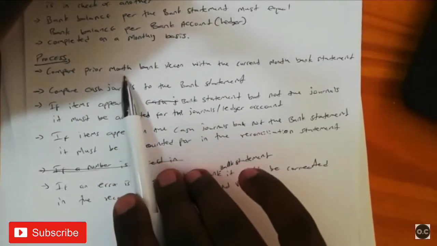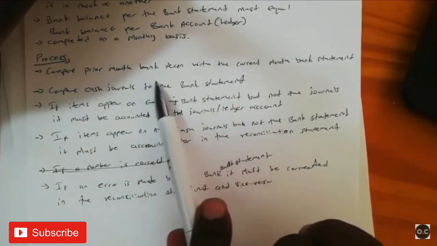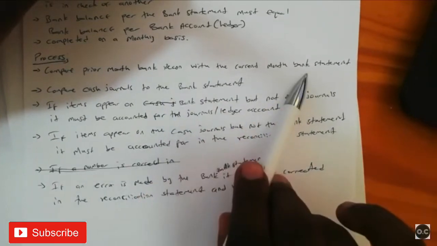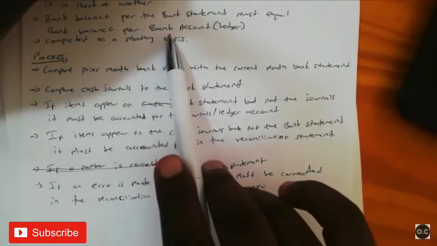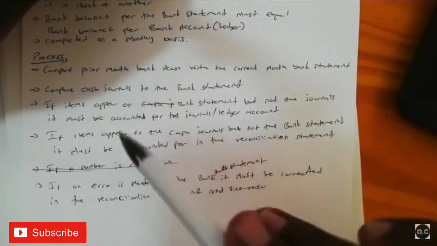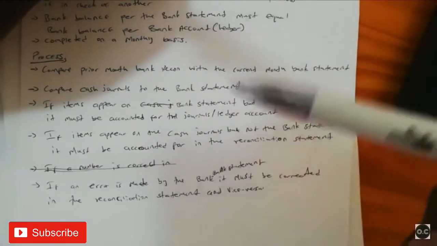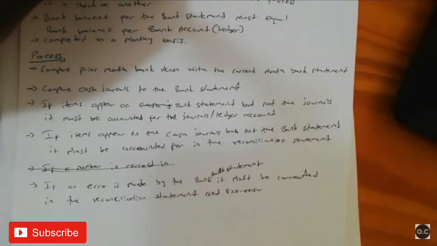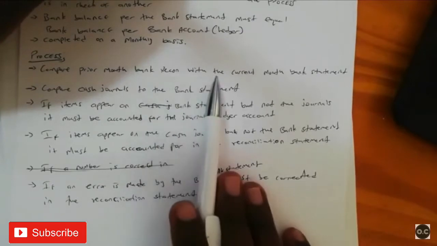Because it's done every month, usually in your question paper you will start off with a bank recon from the previous month. So you must take the bank recon from the previous month and compare it to the current month's bank statement. The big purpose for doing a bank recon, which I should have probably noted up there, is that when you find errors that were made by the bank, or if the bank missed some stuff in their bank statement, you need to record everything in the bank record.